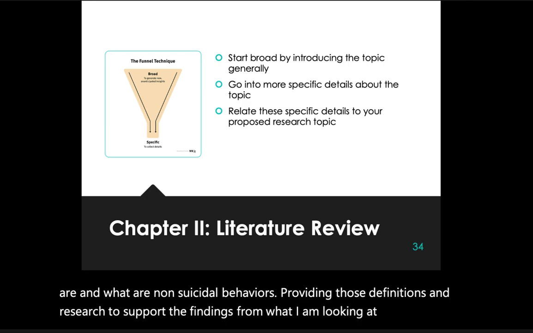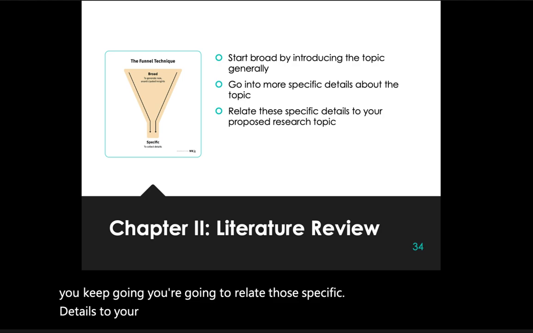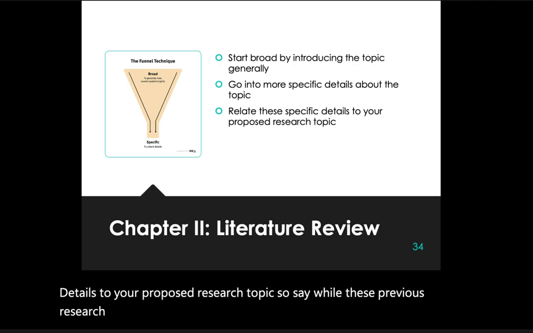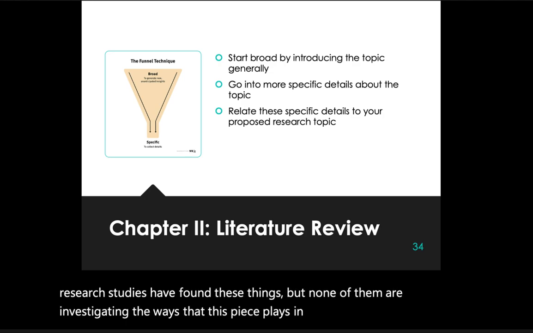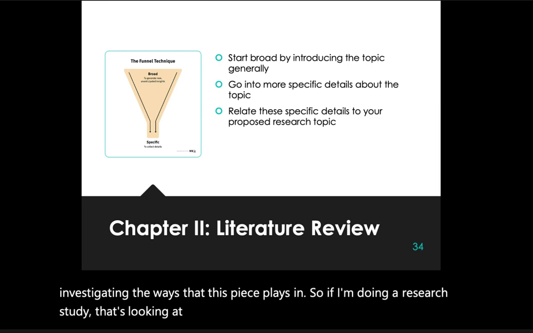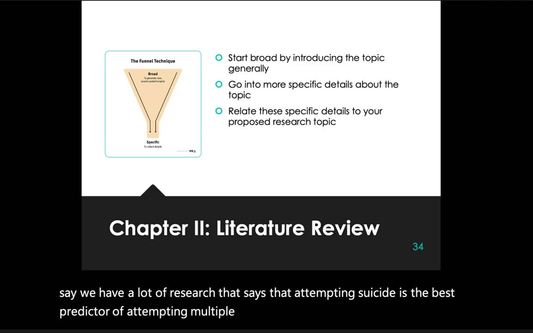And then as you keep going, you're going to relate those specific details to your proposed research topic. So say, well, these previous research studies have found these things, but none of them are investigating the ways that this piece plays in. So if I'm doing a research study that's looking at why people attempt suicide multiple times, I can say we have a lot of research that says that attempting suicide is the best predictor of attempting suicide multiple times.